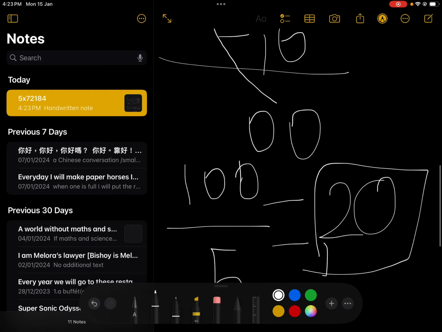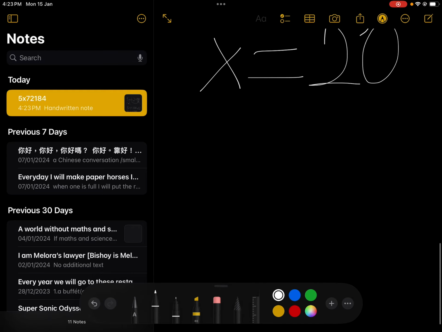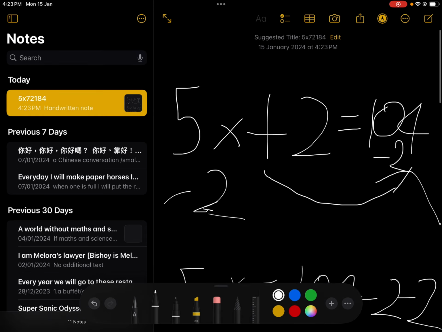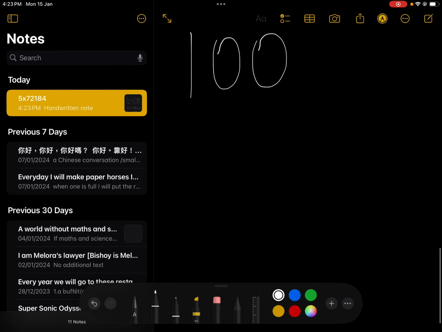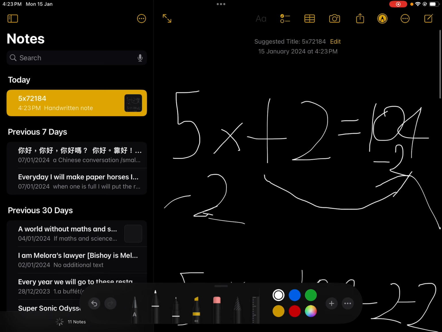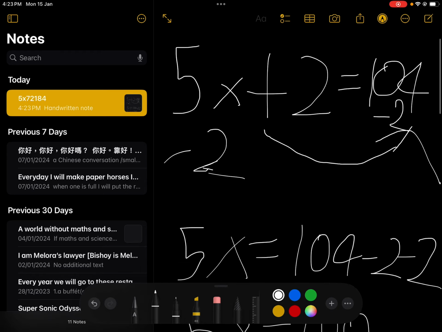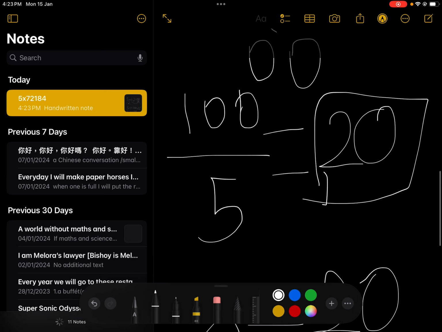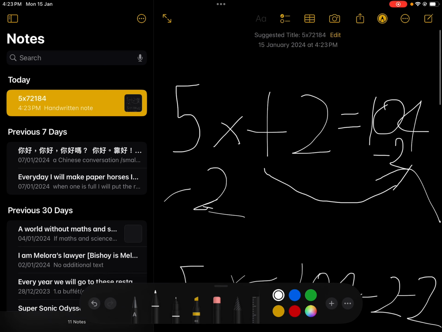5x, 5 times 20 is 100, so 100. Then go up, plus 2. So 100 plus 2, then let's go up, equals 104 minus 2.